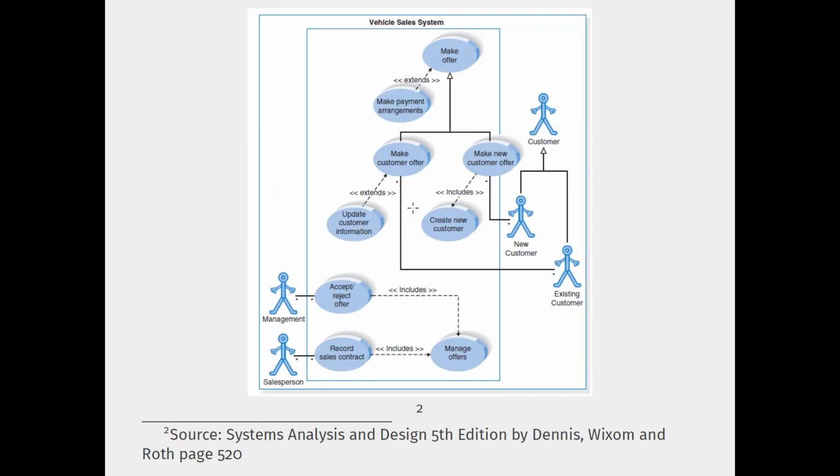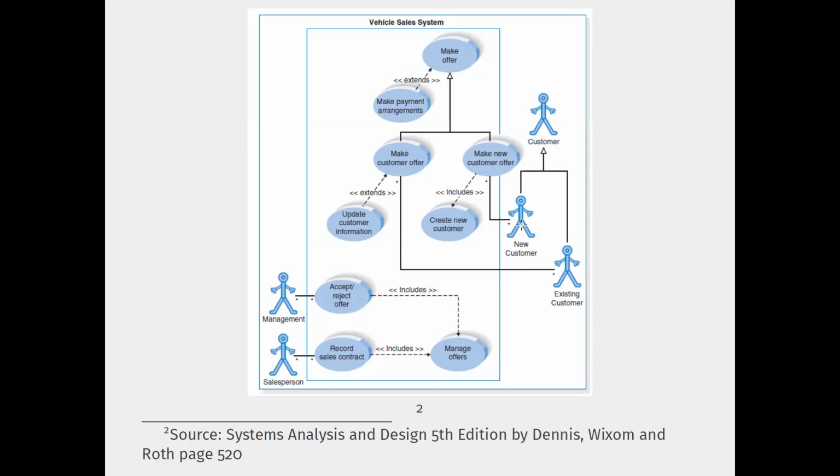So these are special representations. And here are some hierarchies as well. This indicates that we have some hierarchy. When you say make offer, you can have make new customer offer or make a customer offer. So, two possibilities. Likewise, with stick figures, you can also see some relationships. For example, for customers, like superclass and subclass, we can have two.